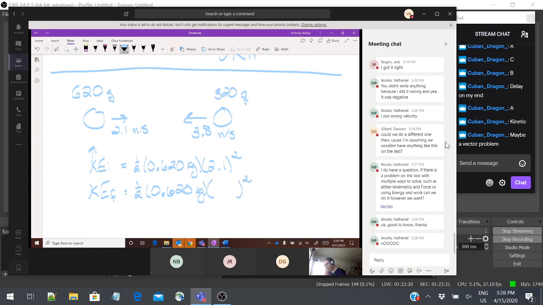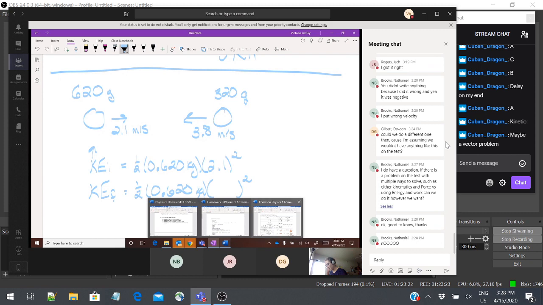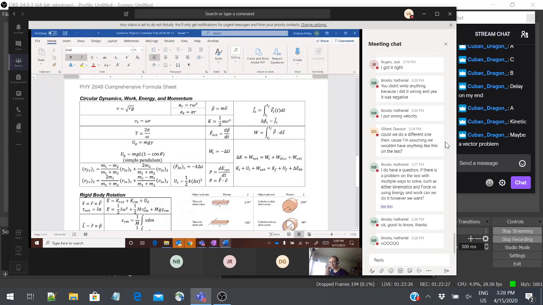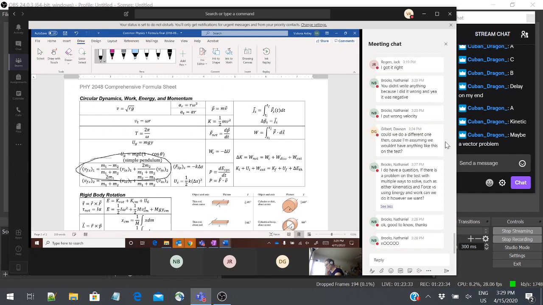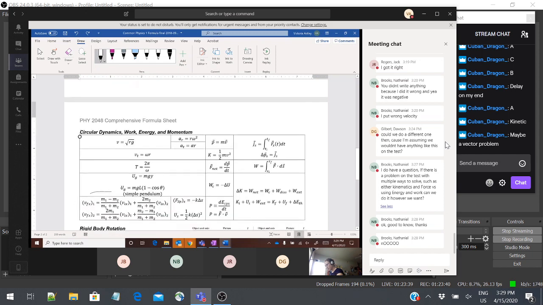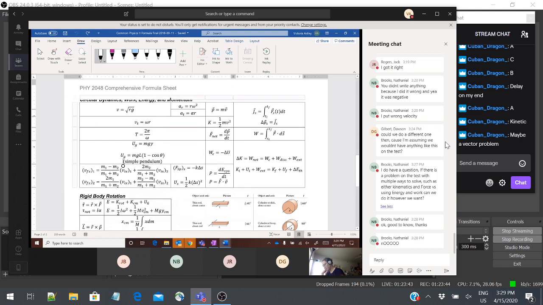So this is where we hop over to our formula sheet, because we remember that elastic collisions have their own special equations, which are these equations. Since we actually only care about one of them, I'm only going to use this first one.